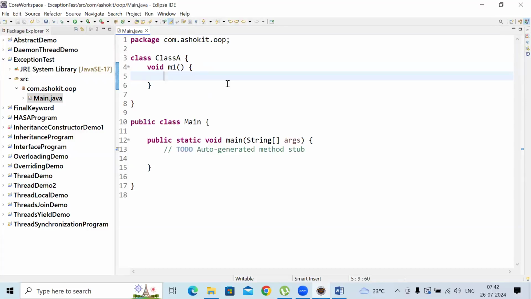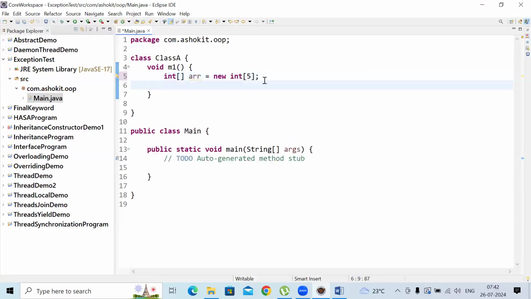Just for example, before I start writing the try block, I'm creating one integer array, arr equal to new int of 5. The array variable name is arr and it is of size 5.